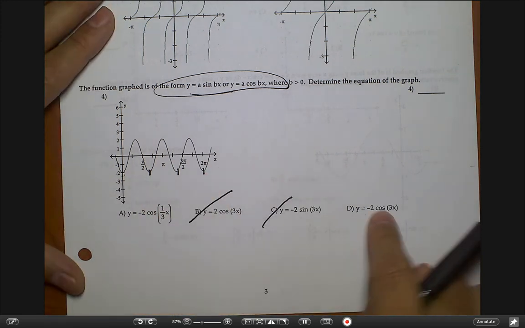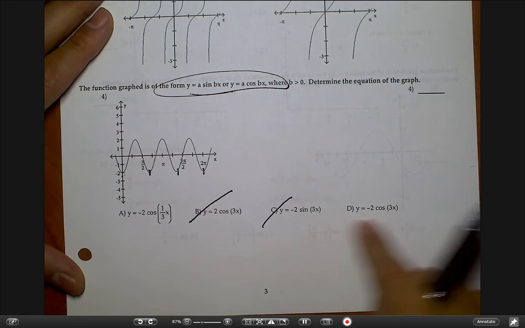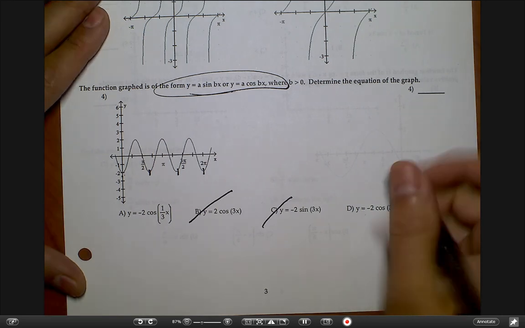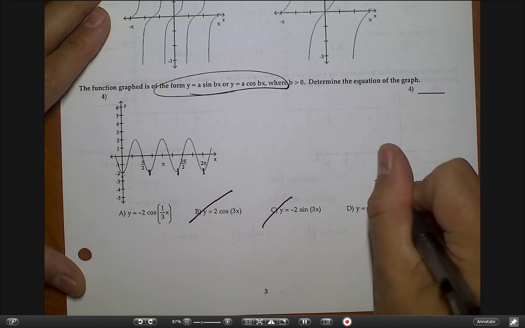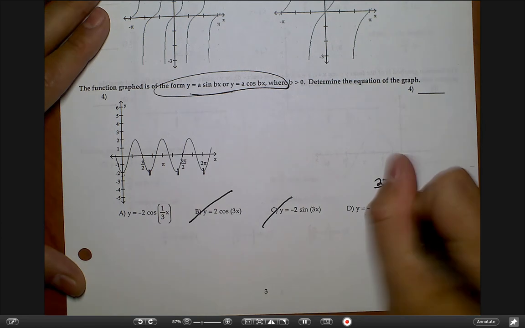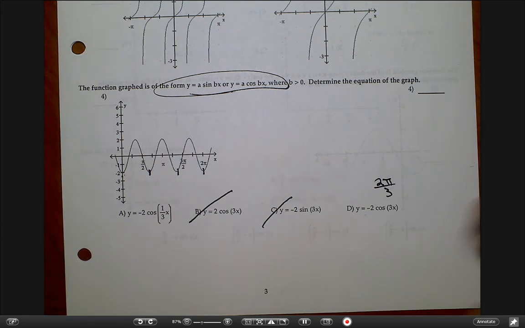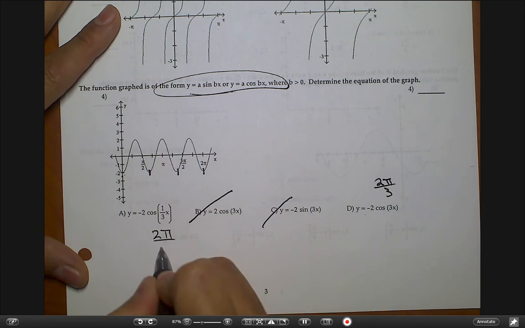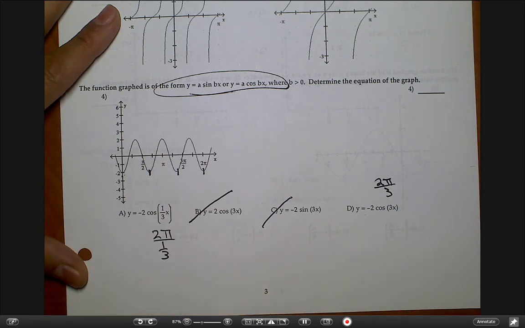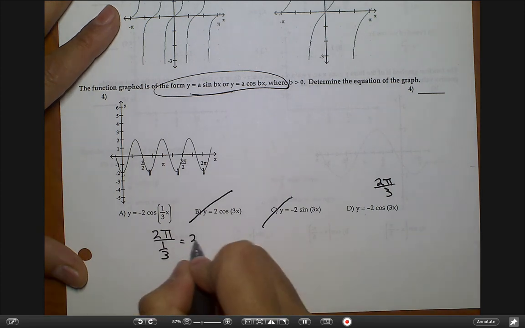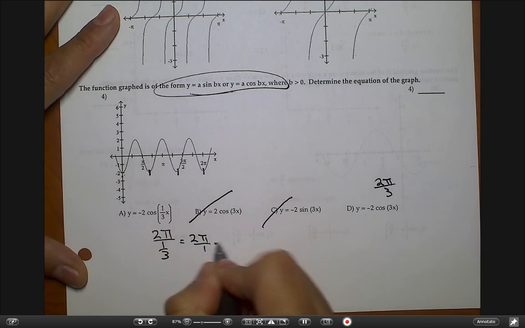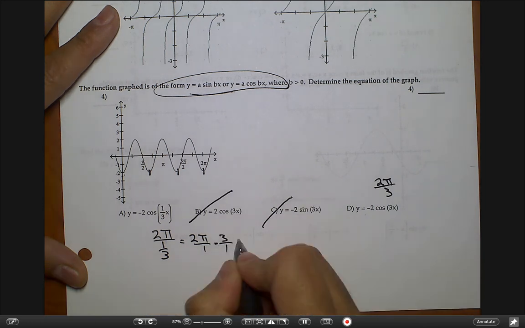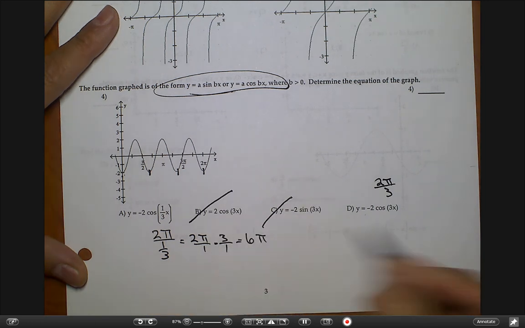Let's figure out the period for this. Now to take this one right here, it would be 2 pi over 3, right? Okay, so this one over here, it's 2 pi divided by 1/3, right? Which would give me 2 pi over 1 times 3 over 1, which is 6 pi.